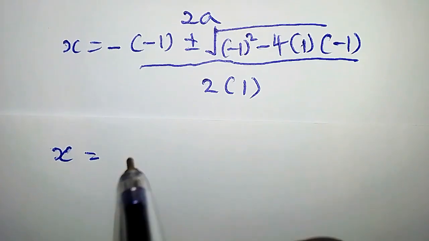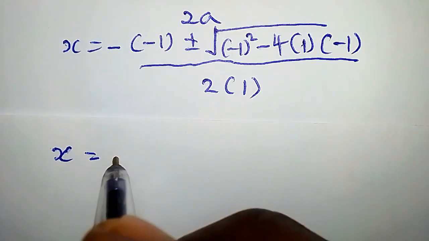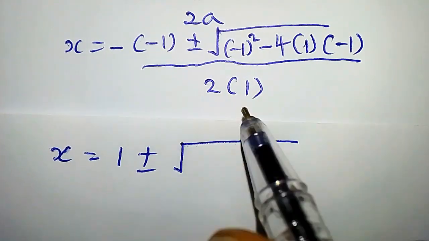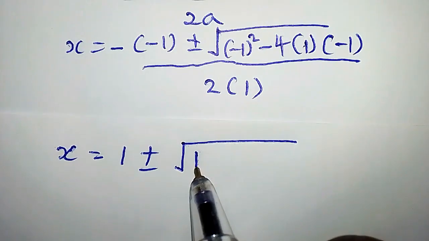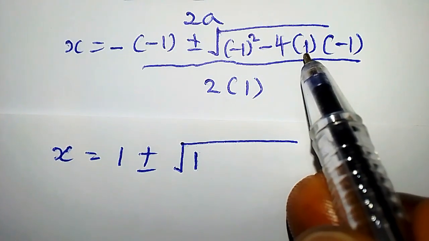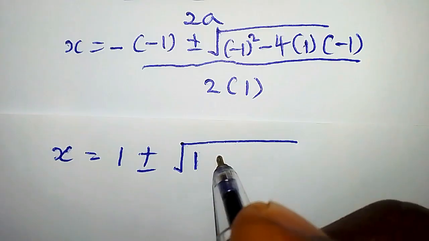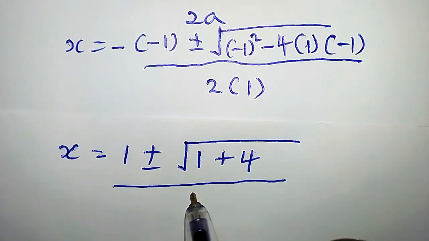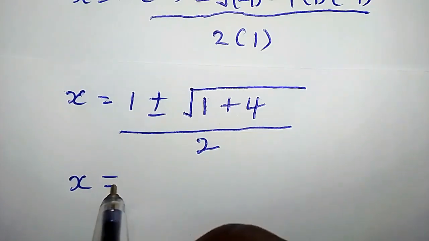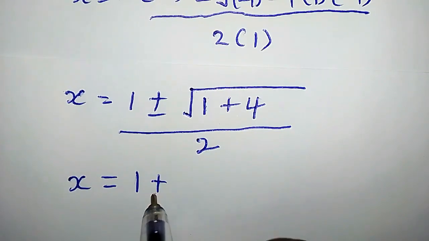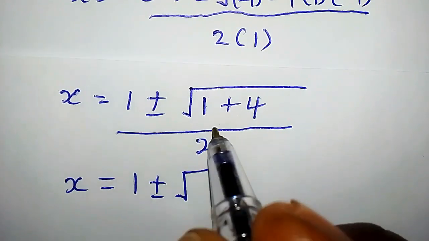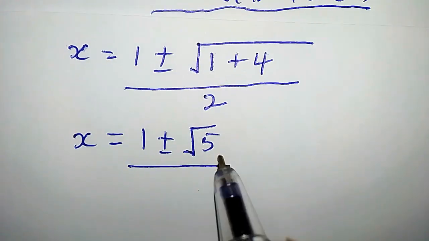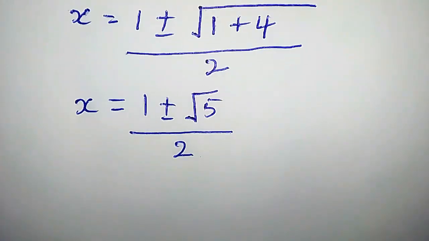x is equal to minus times minus 1, that is 1, plus or minus square root of minus 1 all square, that is 1, minus 4 times 1 times minus 1, that is plus 4, divided by 2 times 1, that is 2. x is equal to 1 plus or minus square root of 1 plus 4, that is 5, over 2.